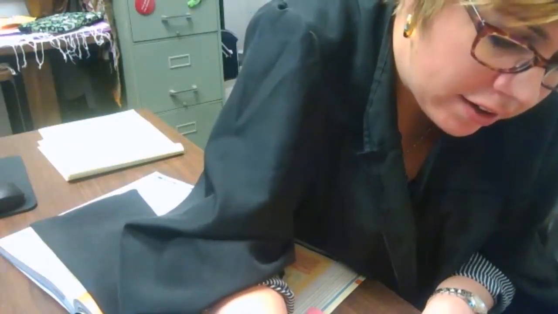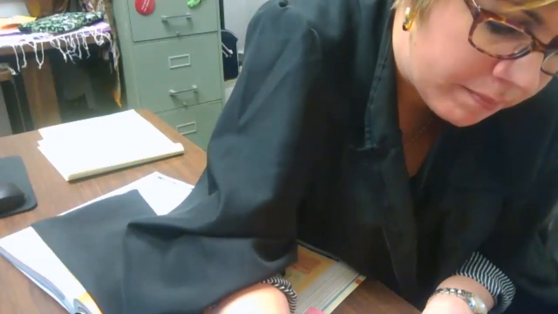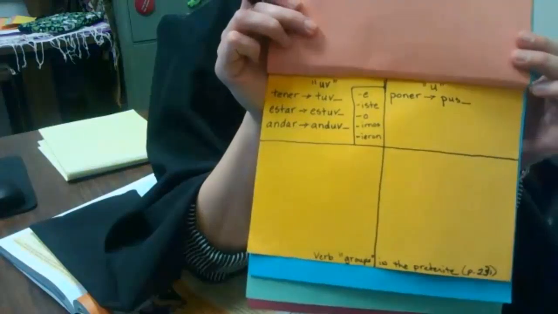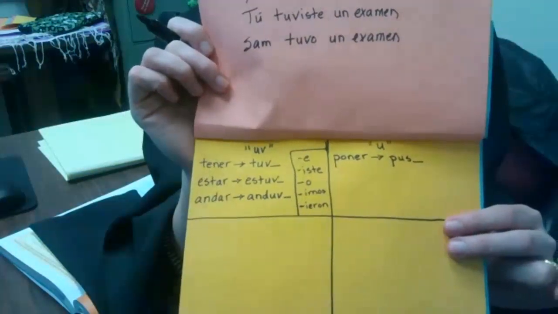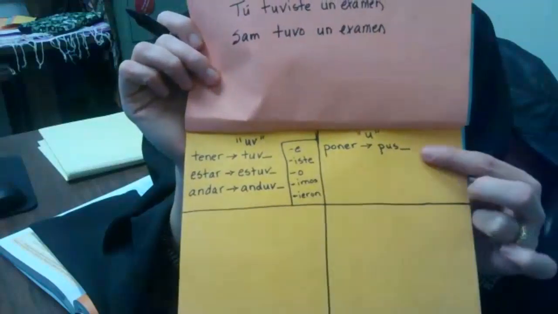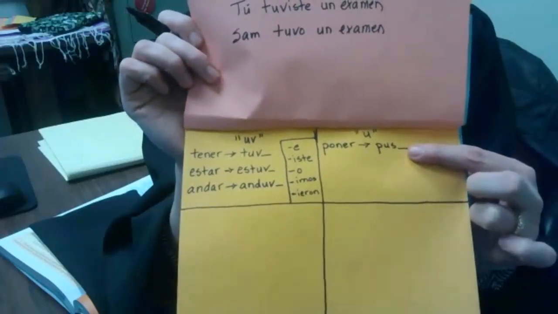In the preterite tense, it gets an entirely new stem. And its new stem is pus. Pus. So it changes to pus. And then that blank stands for where you're going to put your ending.